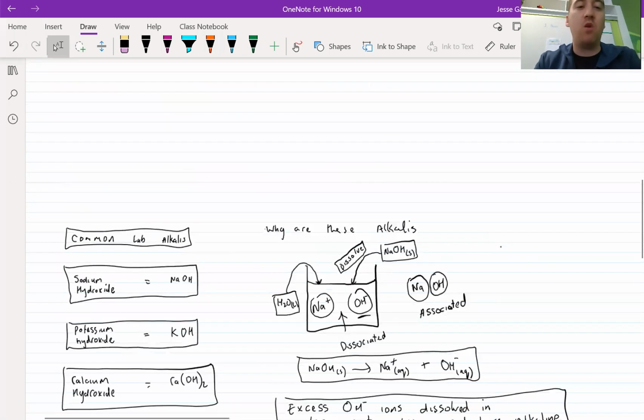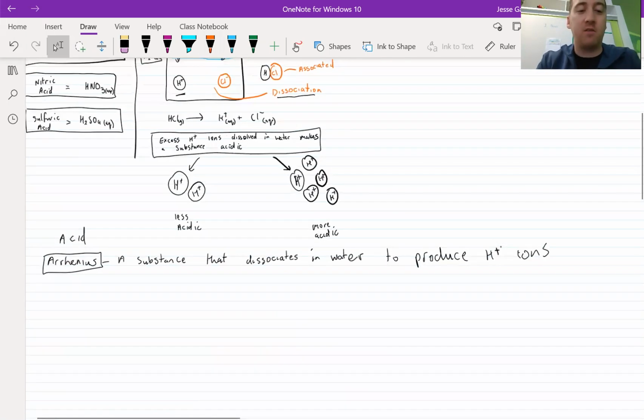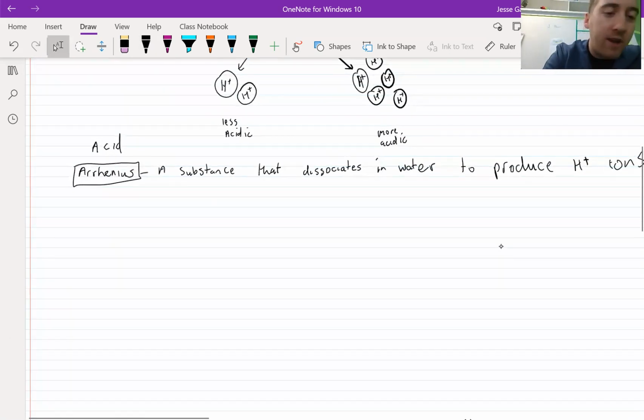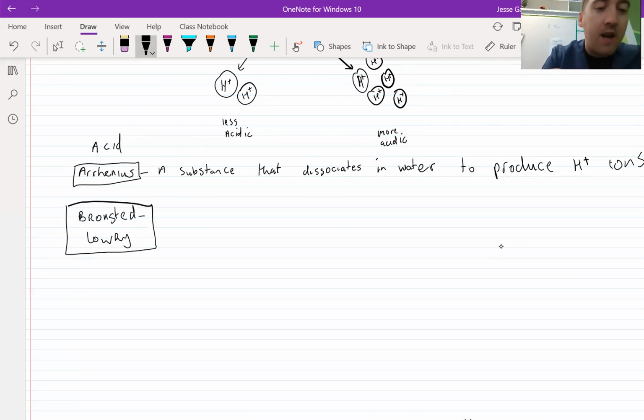So the more updated definition of acids and bases comes from these two guys who came up with a new theory. And that was these people called Bronsted, Lowry. Bronsted and Lowry. And their idea or their theory and their explanation of an acid was an acid is a proton donor.